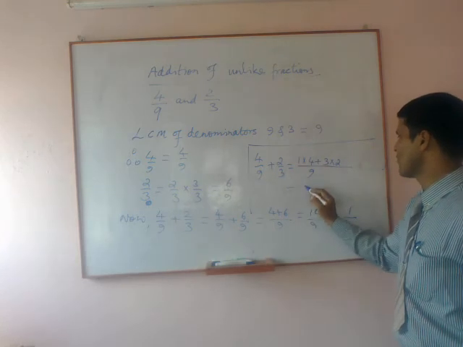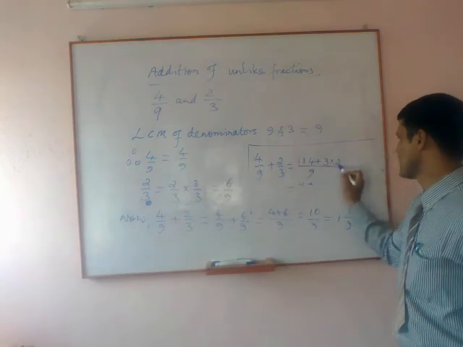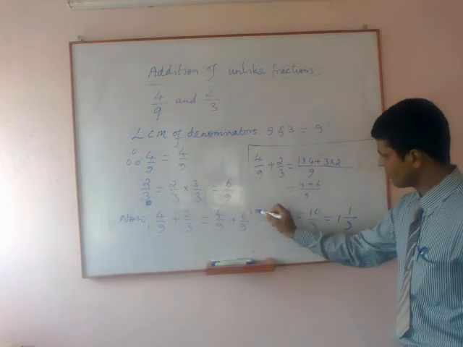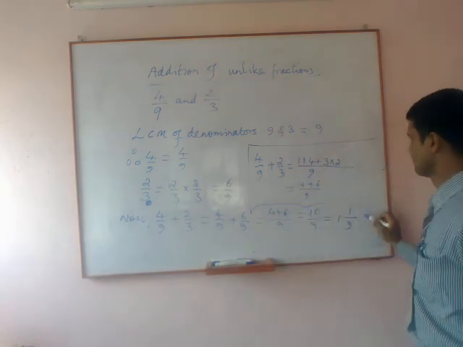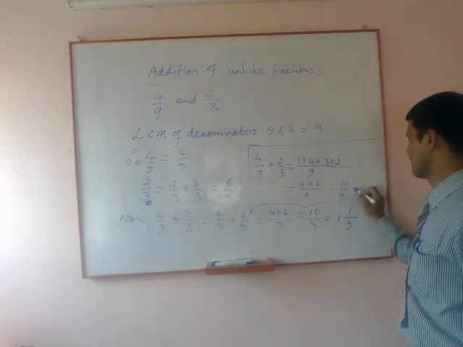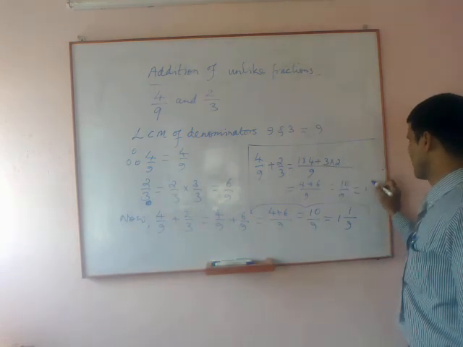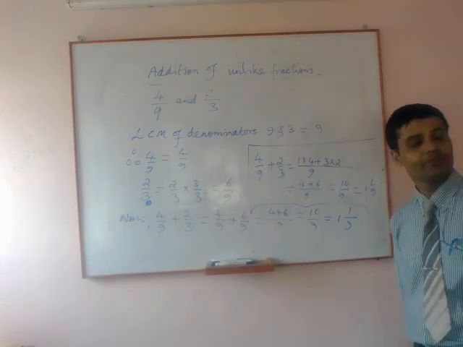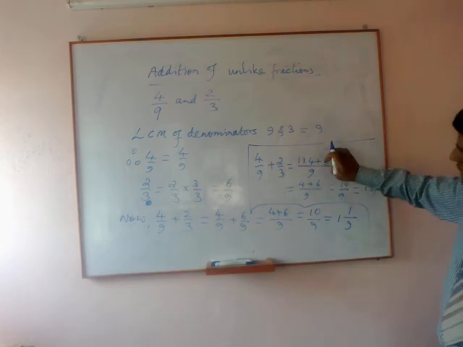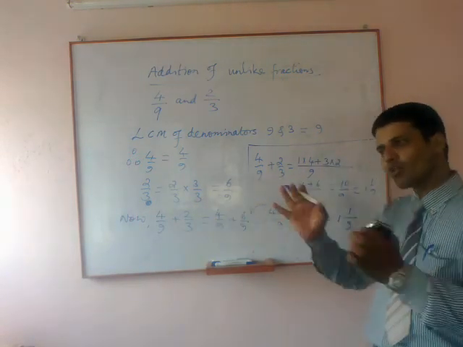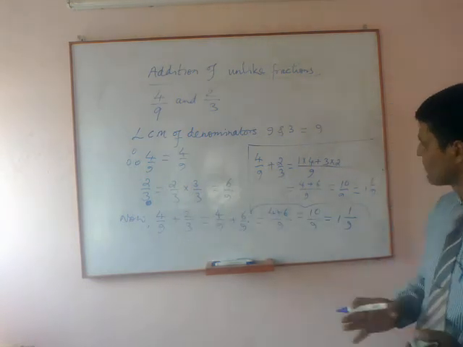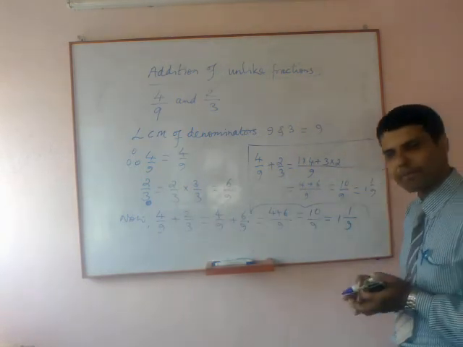Then 1 times 4, 4 plus 3 times 2, 6/9. That's what we are getting here. Equals 4 plus 6, 10/9 equals 1 and 1 by 9. This is a shorter form, but this method and this method are equivalent. Here we have done it separately. Here we are combining.